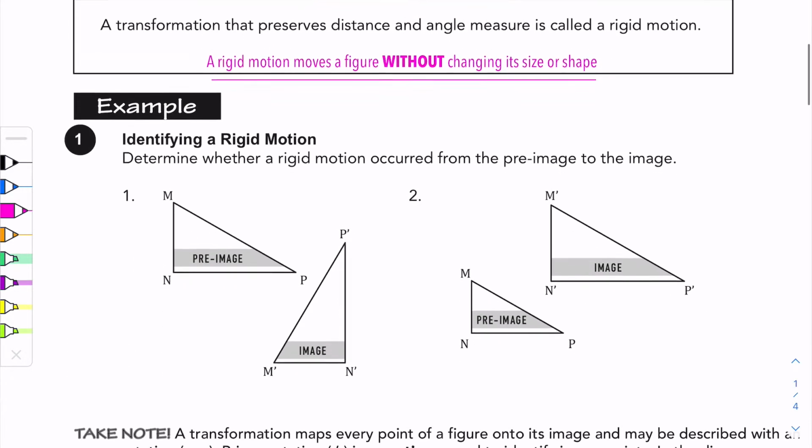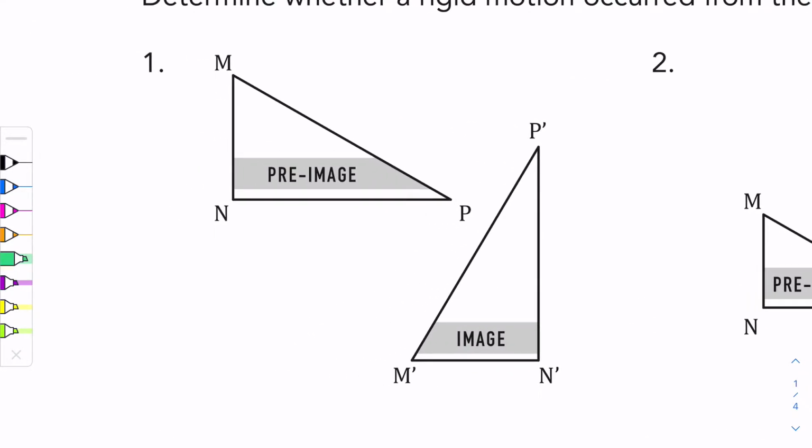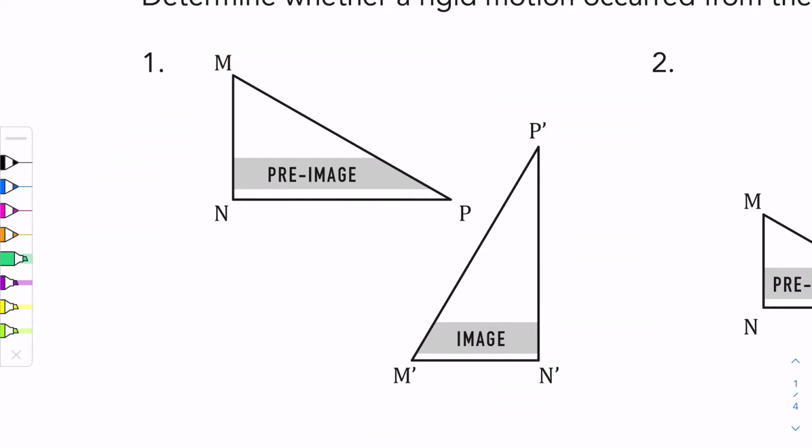For our first set of examples, we are determining whether a rigid motion occurs from the pre-image to the image. And I did label these for you just so we could talk about what we're dealing with. If we look at number 1, you can see that this figure is called the pre-image, and the reason why I know that it's called a pre-image is because, well, I labeled it for you, but also because take a look at the letters.